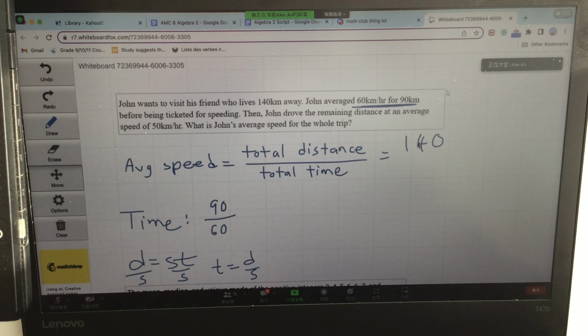So this is the first part, before he got the speeding ticket. Then after that, the speed was 50 kilometers per hour, and the distance left is also 50 kilometers, because the total distance is 140 kilometers.